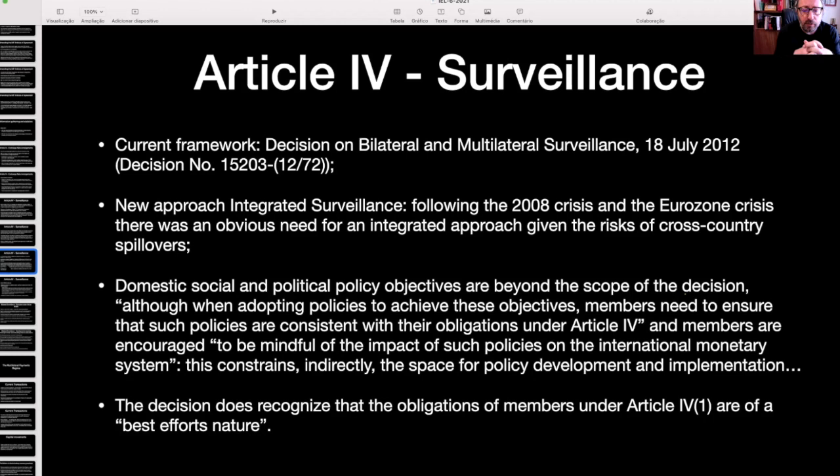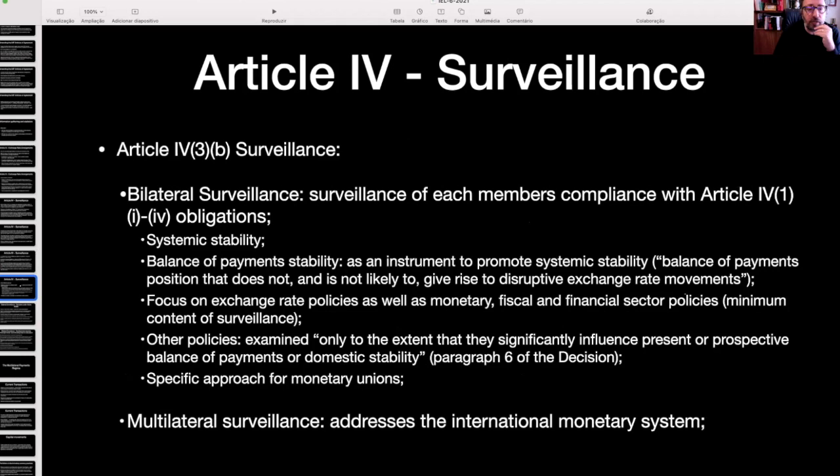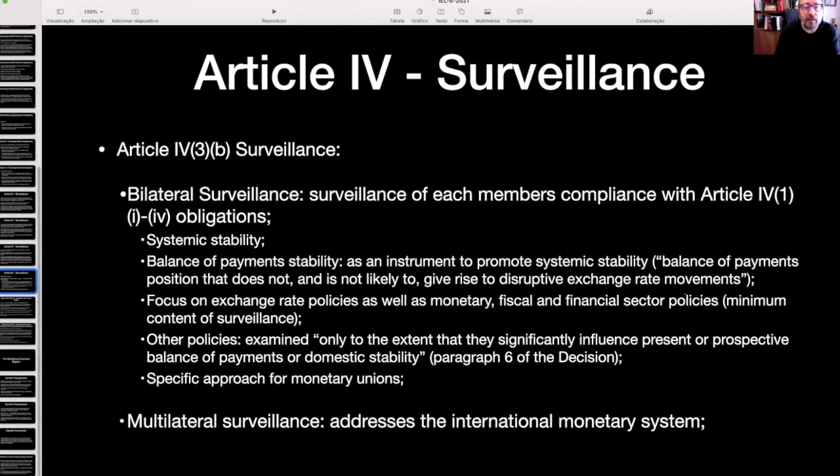Okay, so it does say that this is a best efforts type of obligation. So members are not compelled to adopt very specific economic policies, but they do have this best efforts obligation. Okay, so this is just a guide as to what comes under the heading of bilateral surveillance.